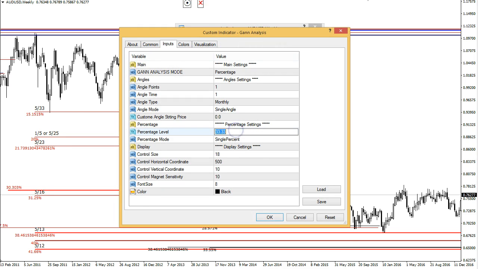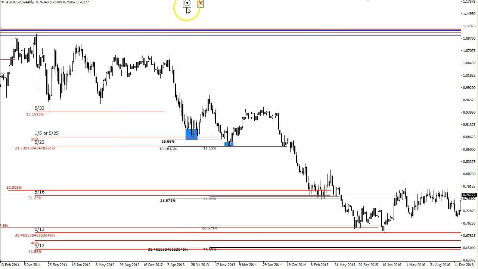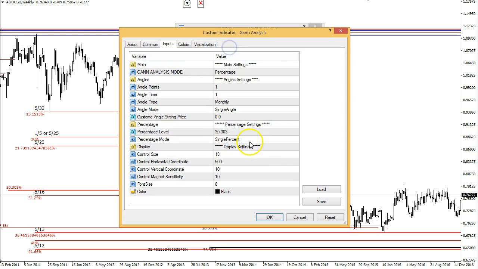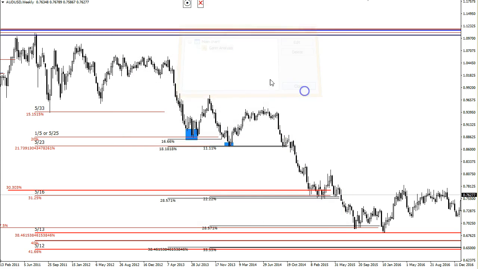What else we can use? If we use 30.3030 and we check 30.3030, it's not really a level that I would be watching, but I prefer to use the halfway fixed number, which is the 30%.